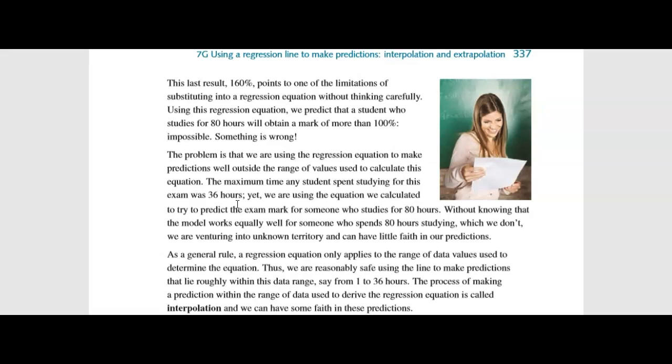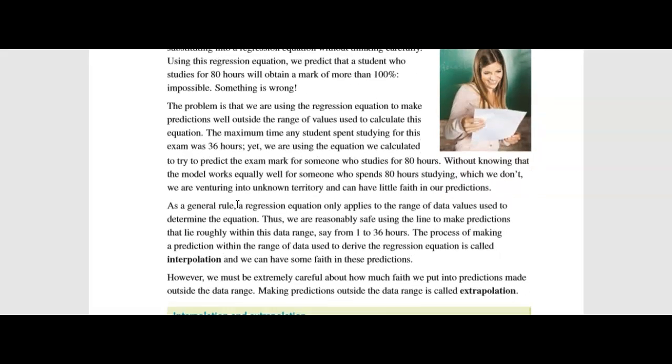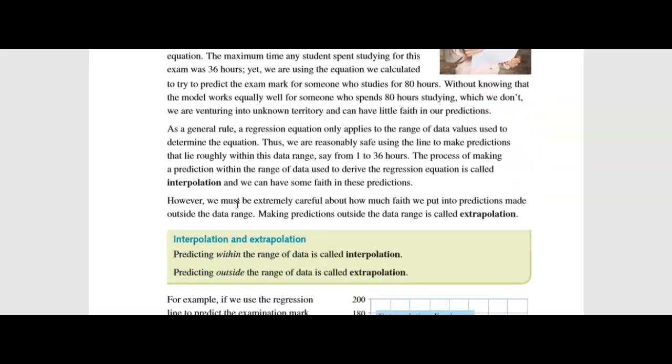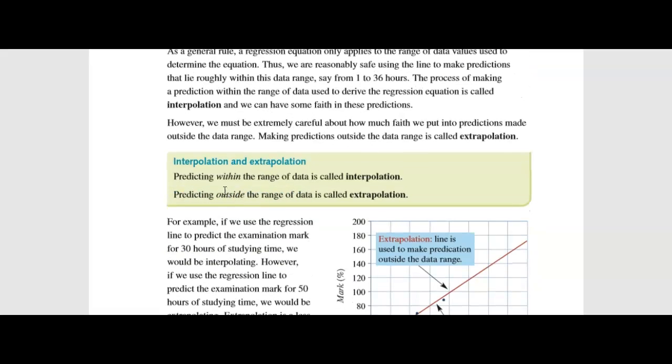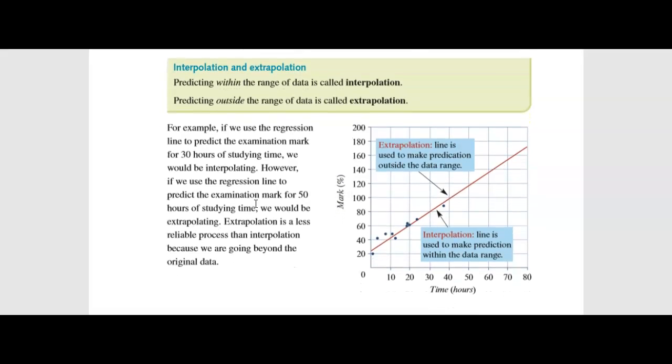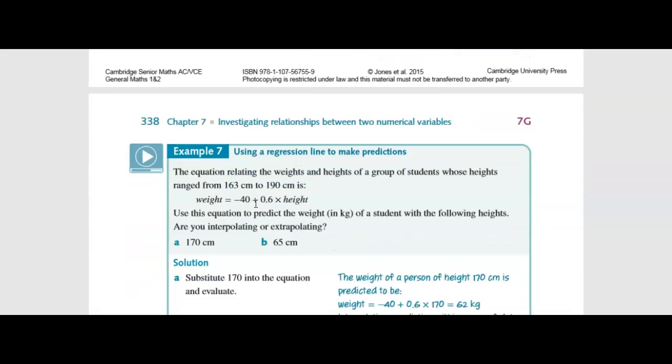The maximum hours they can spend with this data set is 36 hours. You can read that too, if you want to. Interpolation is predicting within the range of data. Extrapolation is predicting outside the data set. You can see there's a little graph there.